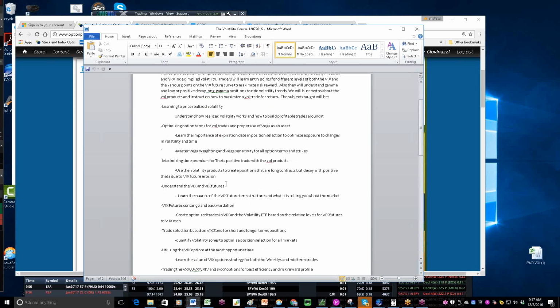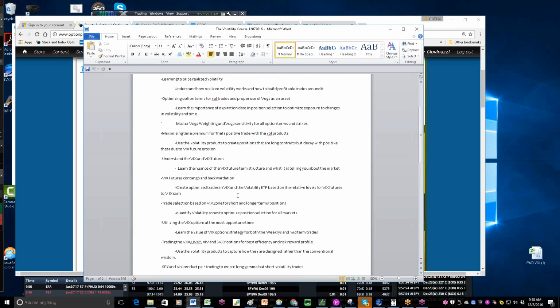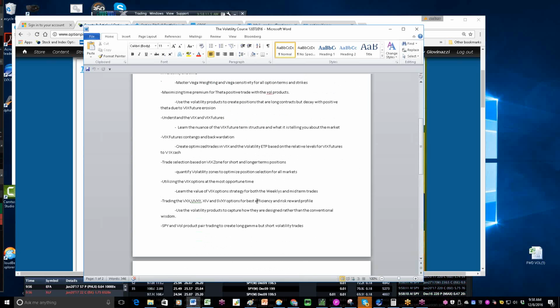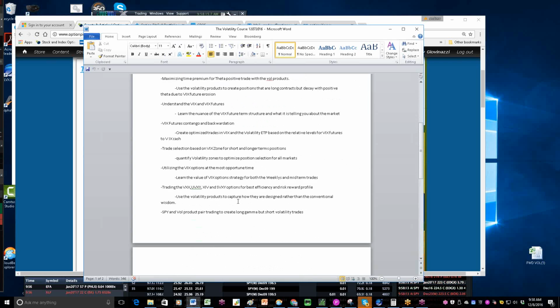You'll know how VIX and the VIX futures work, how to price them out of backwardation and contango, and how to select trades properly versus realized vol. How VIX options work and when the best time to use them. Also, how to understand and trade all the useful vol products. And lastly, how to portfolio hedge using SPY and volatility.